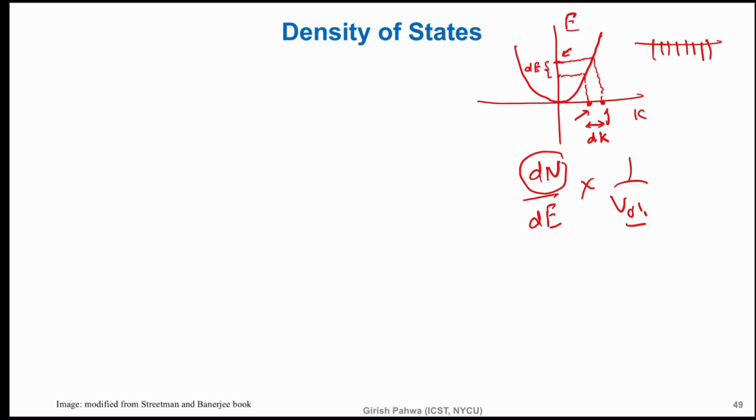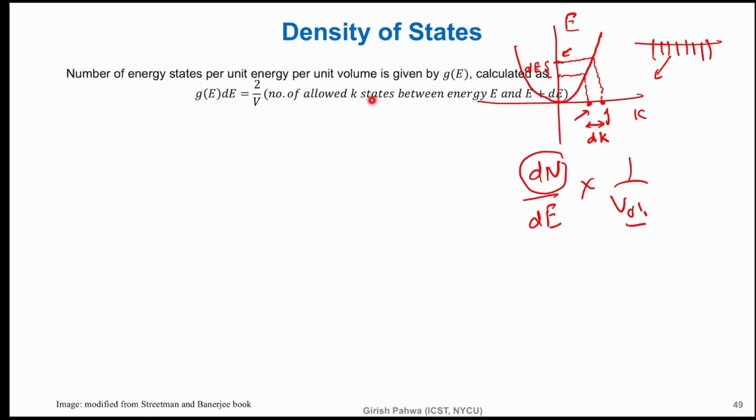Now one k state can also have two spins, up spin and down spin, so you need to multiply by that 2, for electrons as well as holes. If I write the formal definition, you see the number of allowed k states between energy E and E plus dE, which is basically your dN, divided by the volume V. This 2 is because of the spin, and instead of writing dE here, I have just multiplied it here.